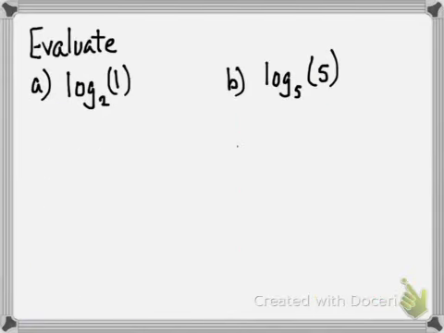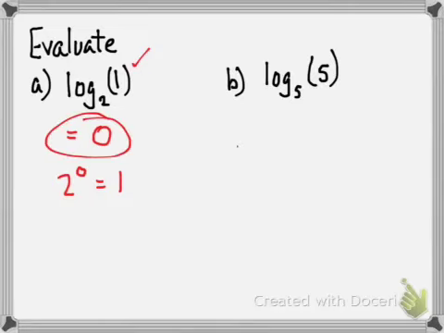Alright, trying to do some problems here. First of all, these involve the log rules, and I mentioned that if 1 is in that position, the answer is always 0. Now how do we know that? Because 2 to the power of 0 equals 1. So evaluate that, it equals 0. Mentioned before, if those two numbers are the same in the log expression, that equals 1.